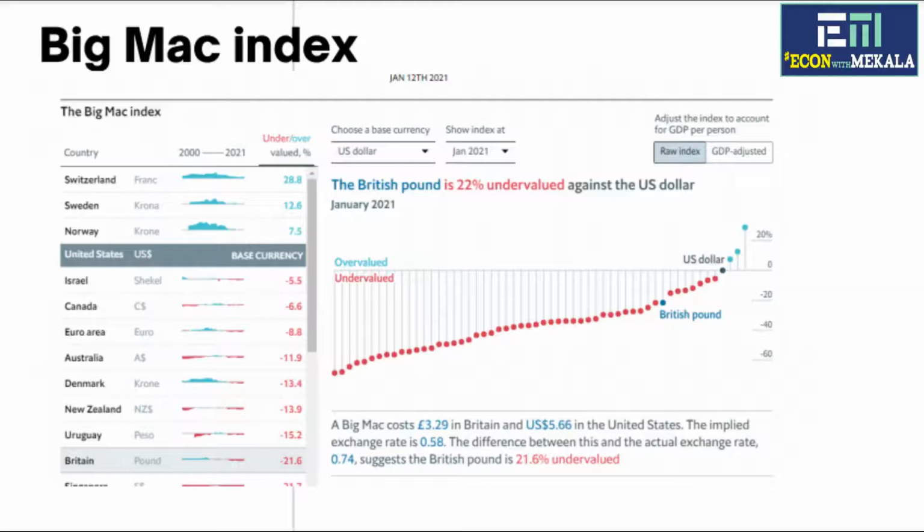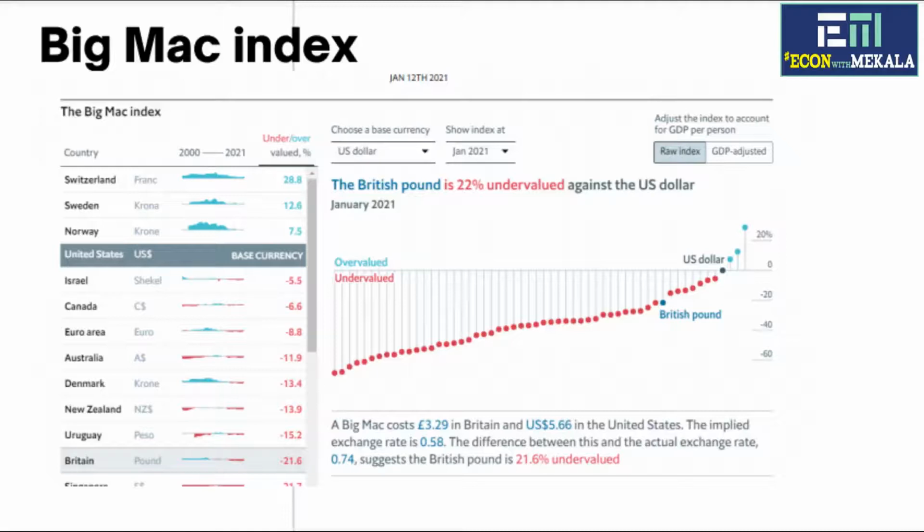The Big Mac Index was invented somewhere around 1986. It is used by economists to compare purchasing power parity between different countries. If you look at the base currency, we take the United States as the base currency. So we are going to compare the price of a Big Mac to the price of a Big Mac in the United States.